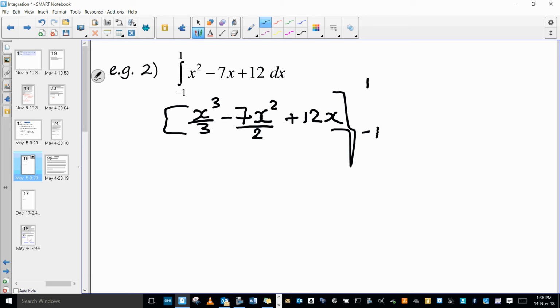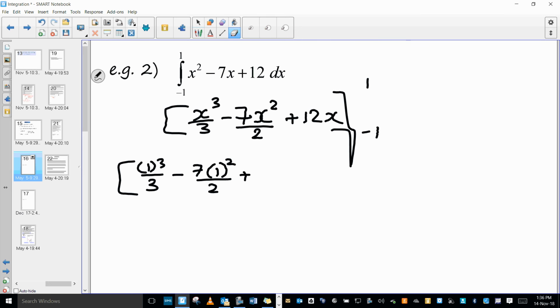All right, so then we're going to substitute our values in. So we've got 1 cubed over 3, subtract 7 lots of 1 squared over 2, plus 12 lots of 1.